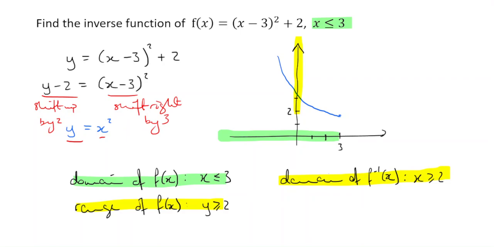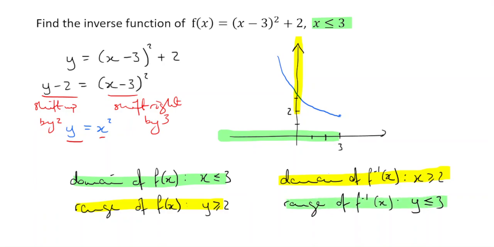And in the same way, the range of the inverse function we expect should be the same as the domain of our original function. So we expect that y in this case should be less than or equal to 3.